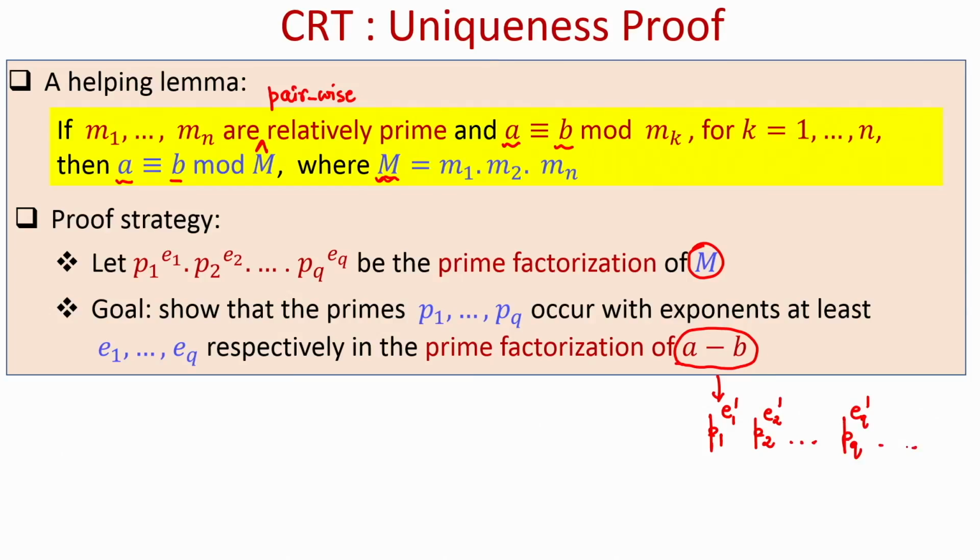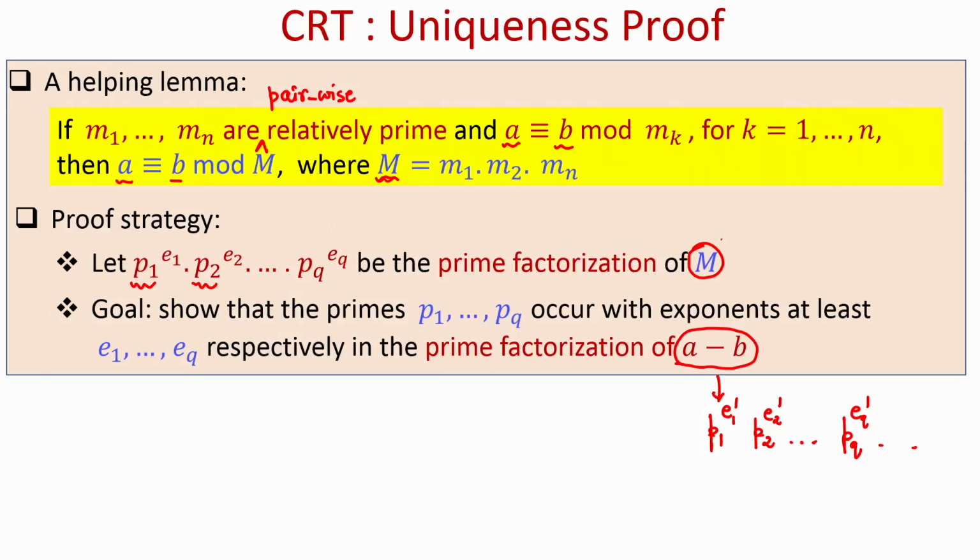What I want to show is that each of the prime factors involved in the prime factorization of m is also involved in the prime power factorization of a minus b, with at least the same individual powers with which they were involved in the prime factorization of m.